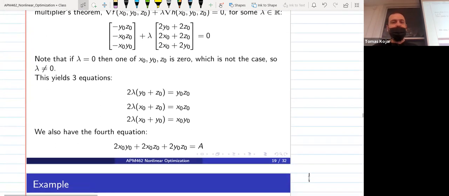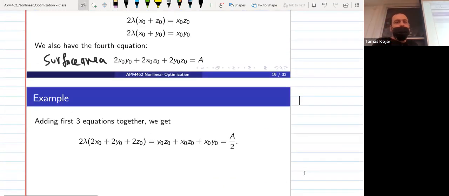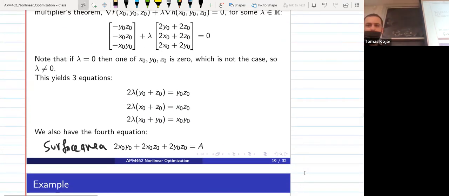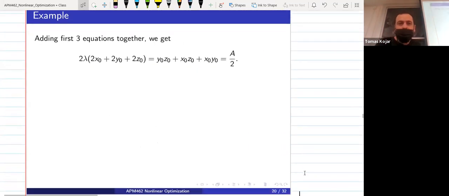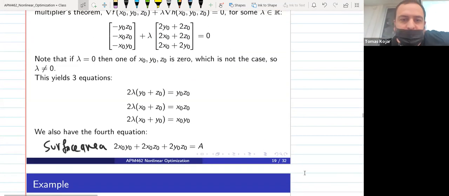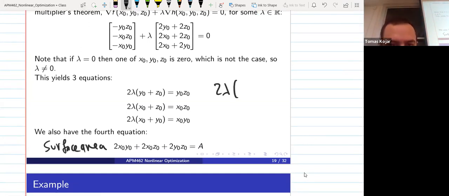And of course, you also have the surface area constraint. I'll go through it, but it's just a bunch of algebra. I add the first 3. So 2 lambda, and then it's another 2, so it's 4.